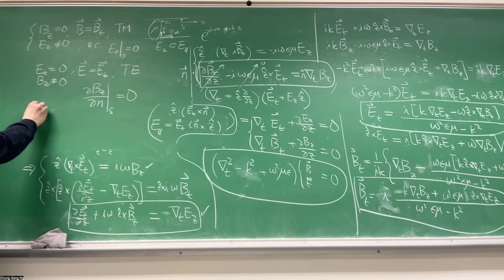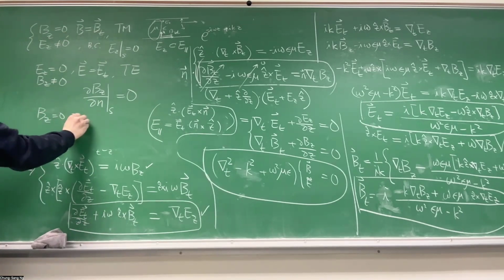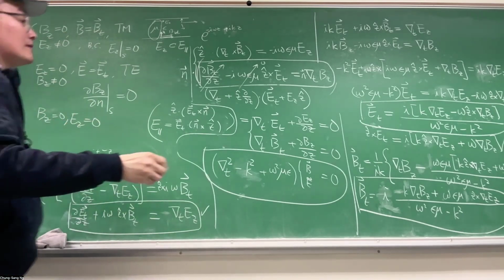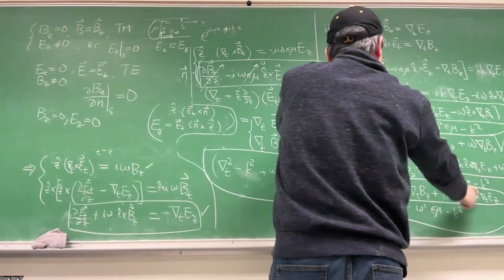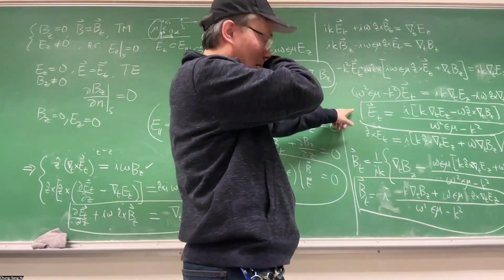The final case is when both E_z and B_z are zero. From these two equations, both of these are zero. Obviously, you cannot use these two equations.